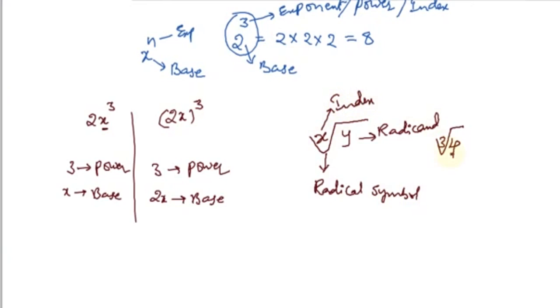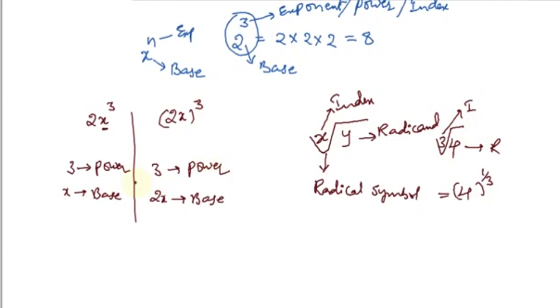In the cube root of 4, 3 is the index and 4 is the radicand, so this we can write as 4 to the power 1 by 3. But up to here we can treat 3 as the index.